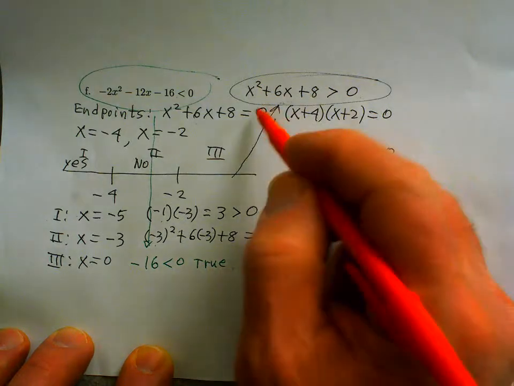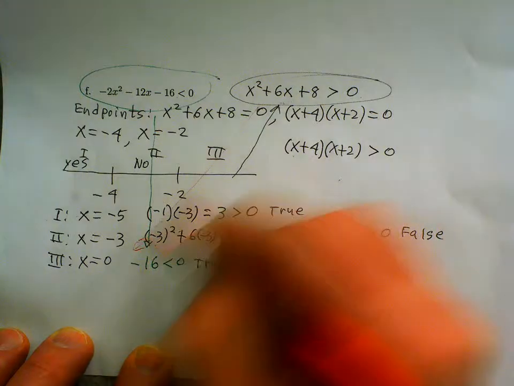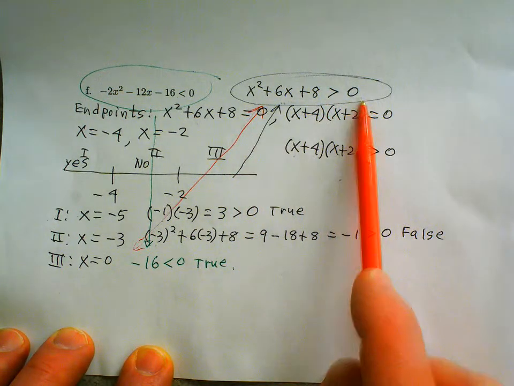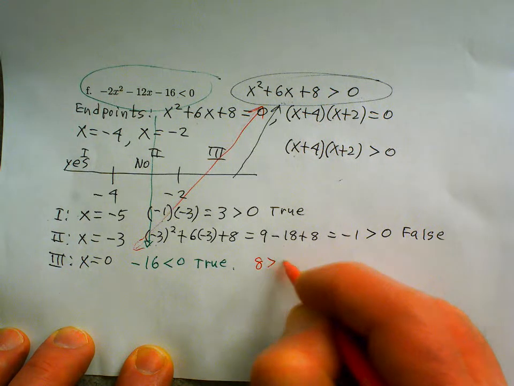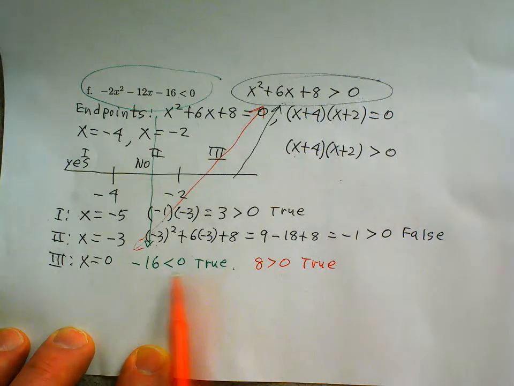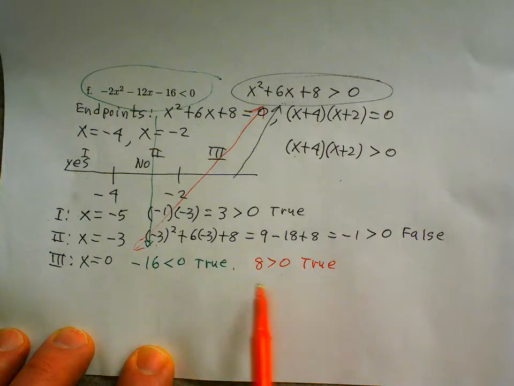Compare that with using the other inequality. If you replace every x in this inequality with 0, you get 8 greater than 0, which is also true. The point I'm trying to make is when you pick a test point, you should get the same truth or false result regardless of which inequality you use.